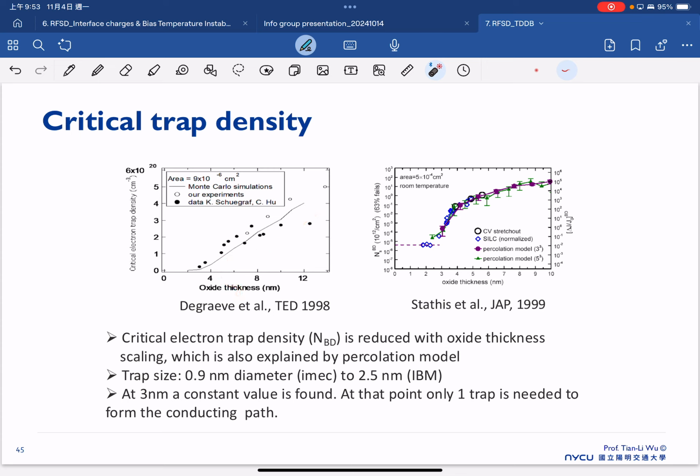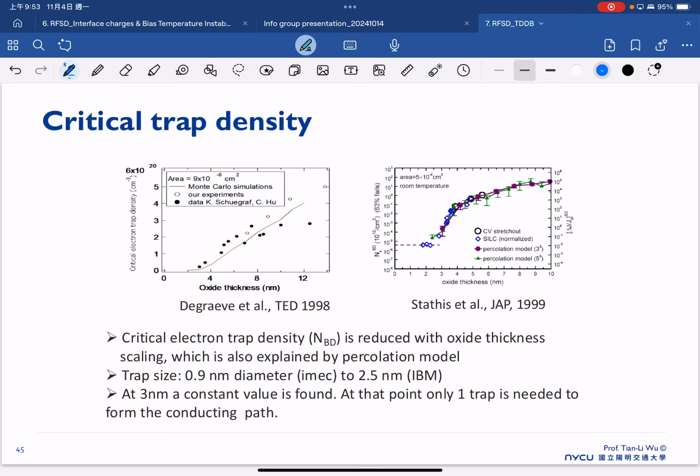If you look at this experimental result, from 12 nanometer down to around 3 nanometer, we can see that as we decrease our thickness, our critical trap density is decreasing.